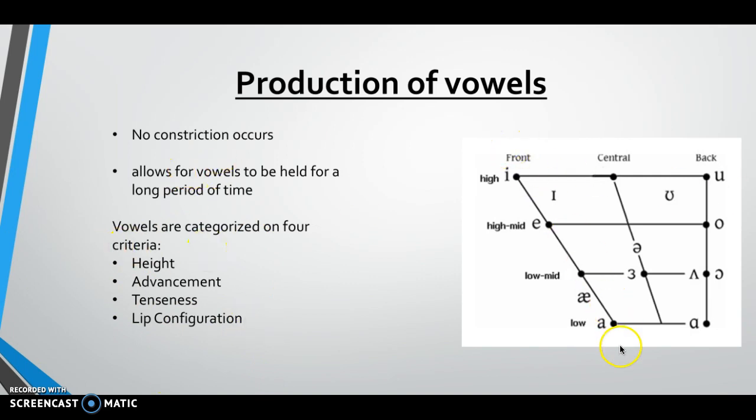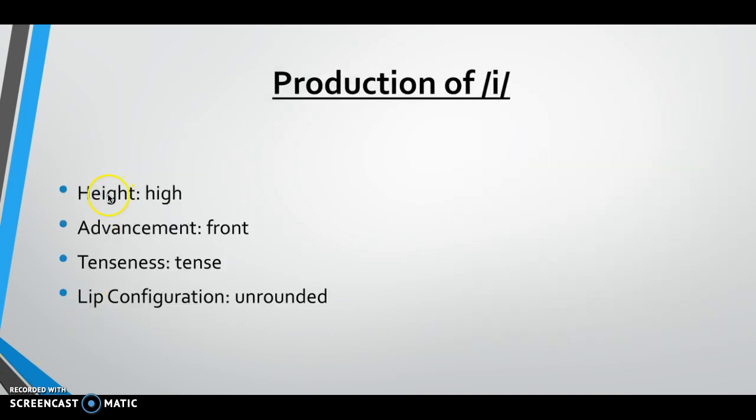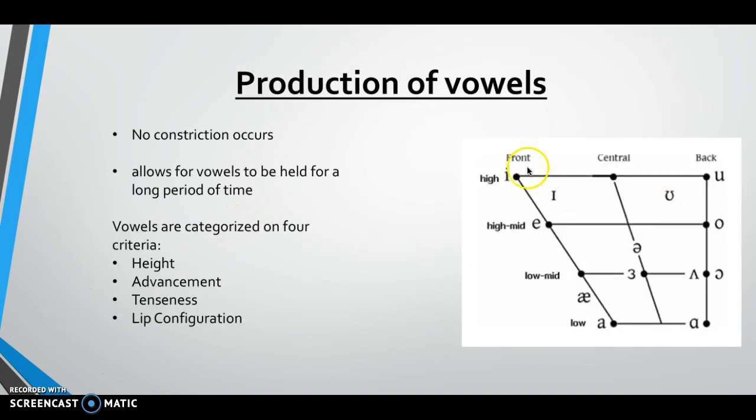So then we have the vowel quadrilateral here. And I picked the E sound, or the lowercase I, right there. So the height is high, the advancement is front, which you can tell from right here, it's high and front on the vowel quadrilateral.